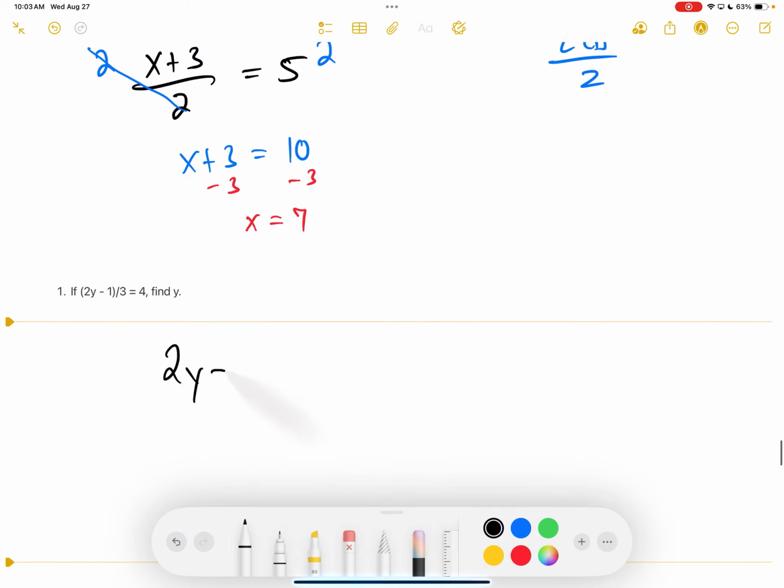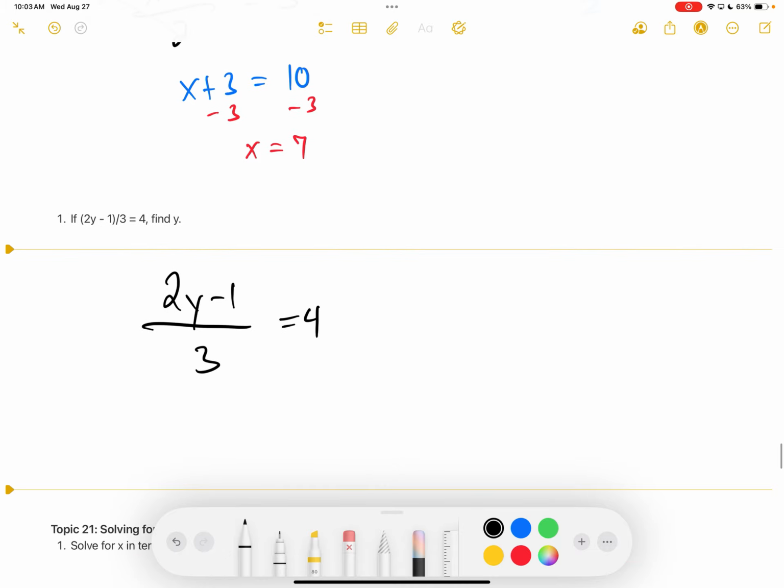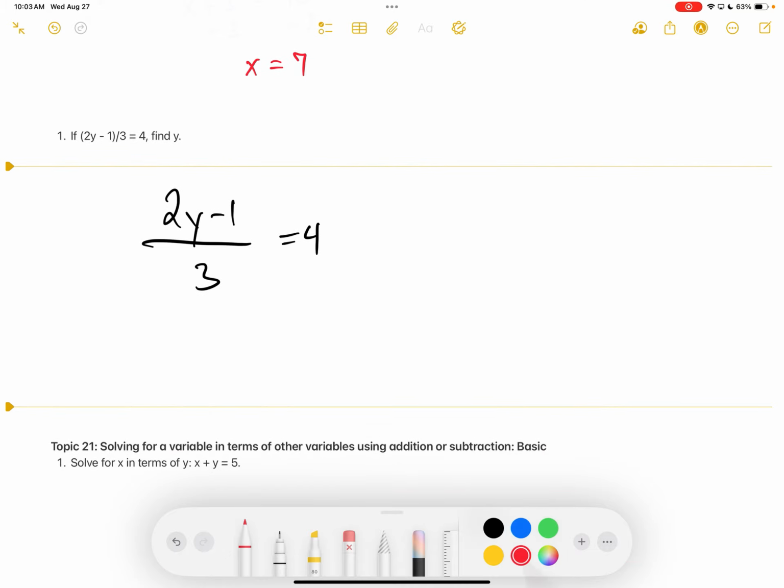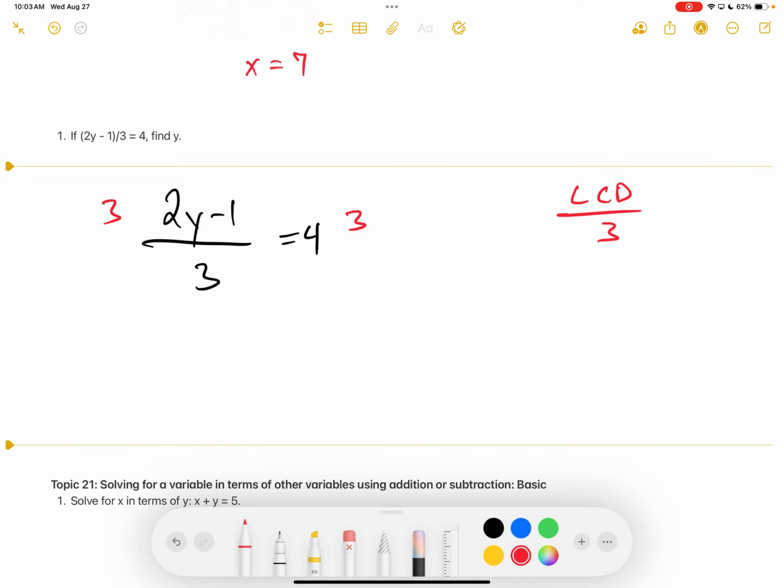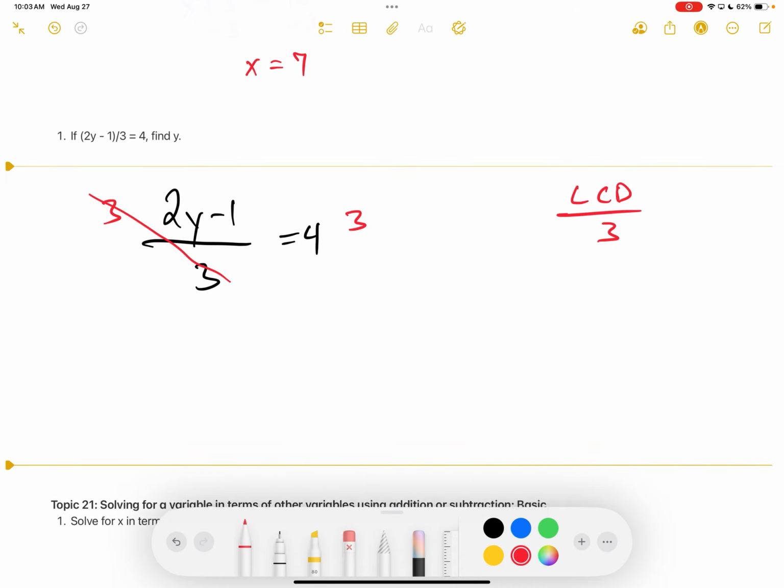On this one, same idea. I just want to multiply by the denominator. So if I multiply both sides by 3, 3 on top and the 3 on bottom cancel out.